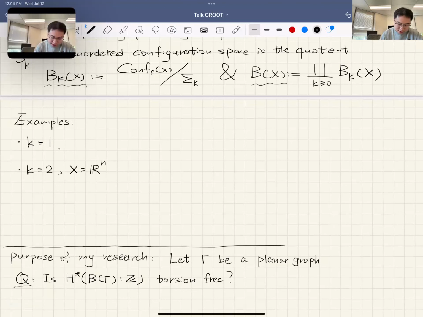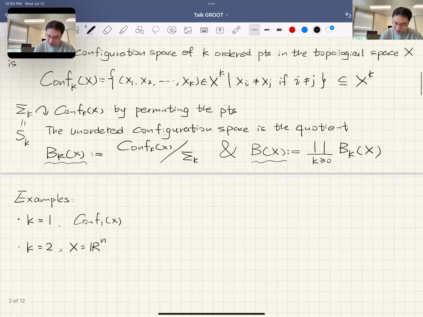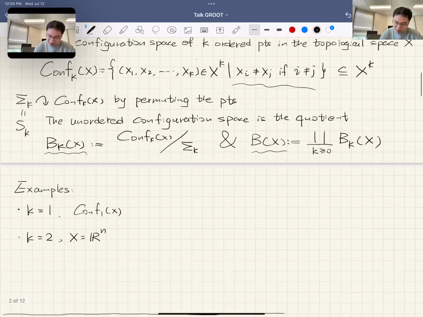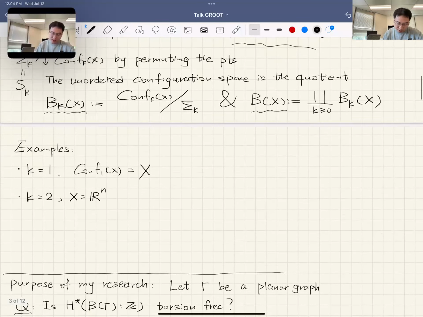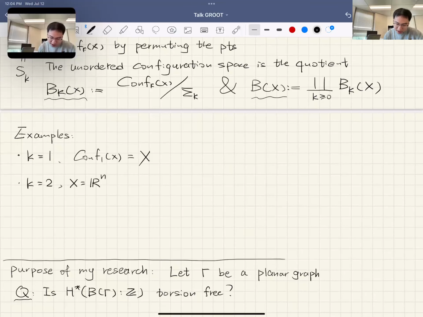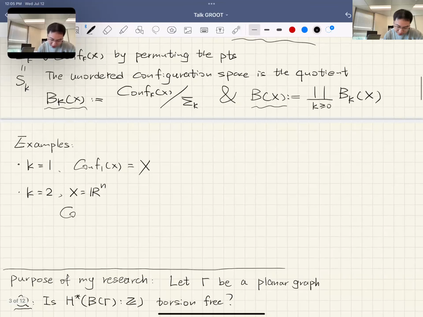So if k is 1, the condition here is trivial, so Conf_1 of X is just X. This is boring. However, when k is 2 and X is R^n, we have Conf_2 of R^n. So what is this? We can show that this is actually homotopy equivalent to S^(n-1).